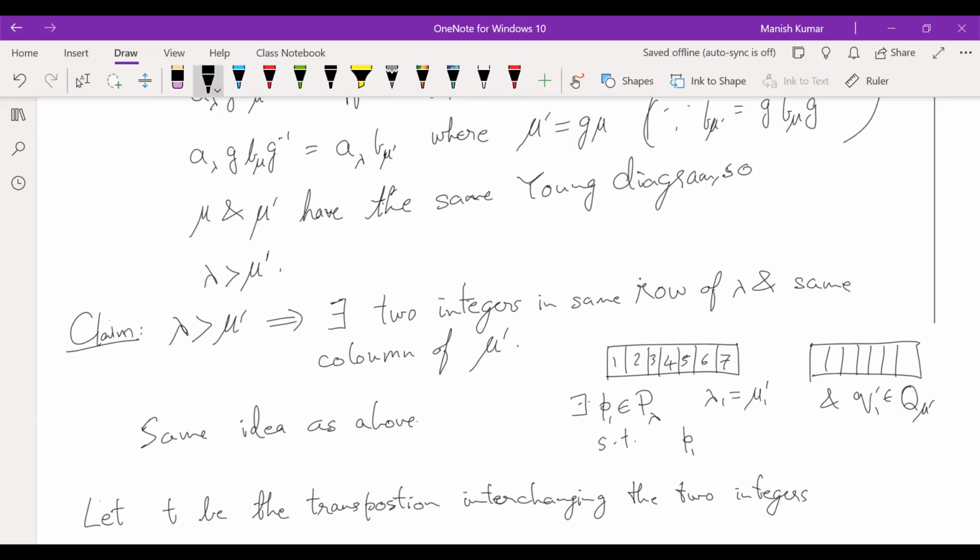Yeah, and moreover, the first observation, maybe I'll write it here: lambda 1 equals mu 1 prime, and there exists P1 in this and Q1 prime in this, such that P1 lambda and Q1 prime mu prime have identical first row.